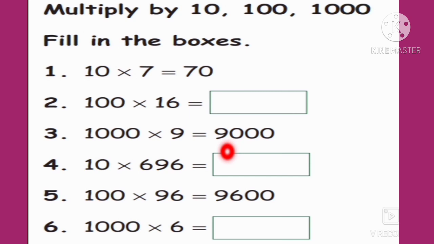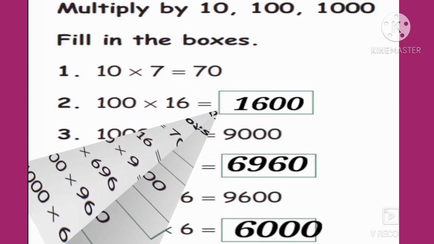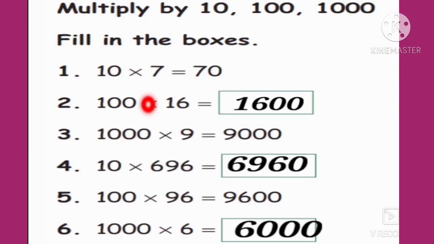When a number is multiplied by 10, 100, 1000, it is enough to write 1 zero, 2 zeros, 3 zeros respectively. That is, 10 into 7: put the digit and include 1 zero after the digit.